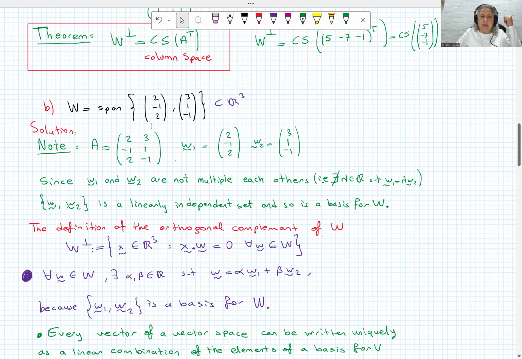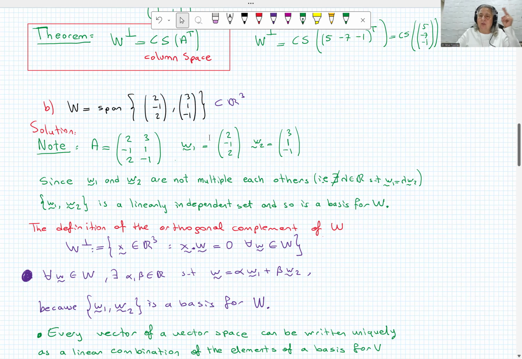Since these columns are linearly independent, they form a basis. So W has two linearly independent vectors that span it. A spanning set is always a subspace, and it has a basis with two vectors. It means the dimension of W is 2.